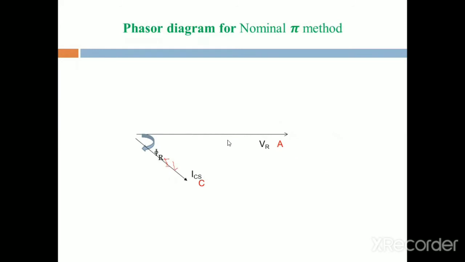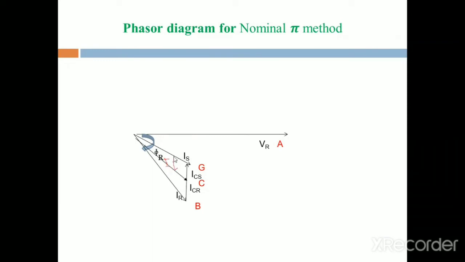First, taking VR as a reference, at an angle of phi r we draw the IR. At an angle of 90 degrees, we draw the ICR. Then the algebraic sum of this ICR and IR is equal to the IL, the transmission line current.